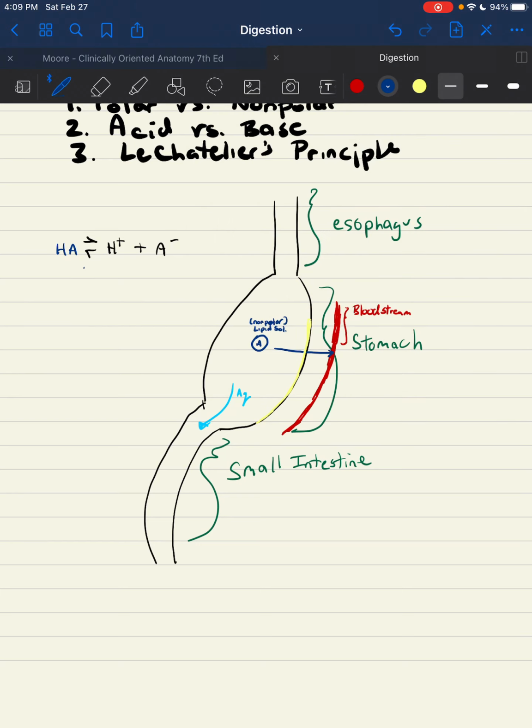So this here is the lipid soluble form of aspirin, right? And that's what gets absorbed into the bloodstream.